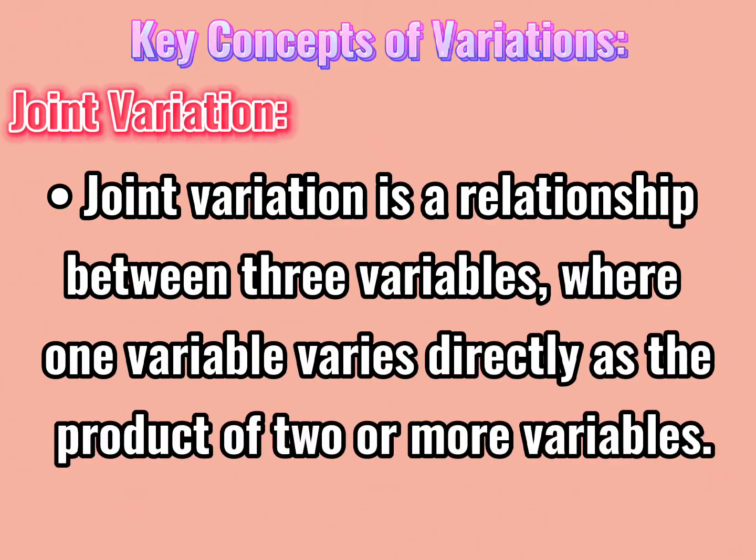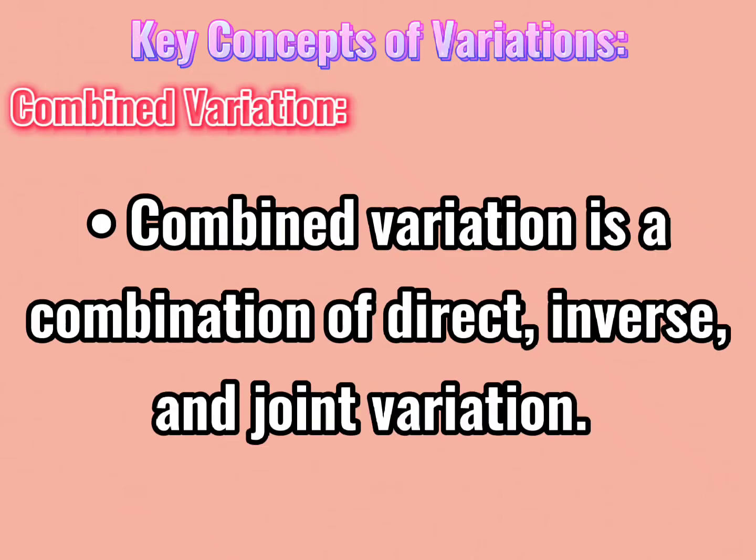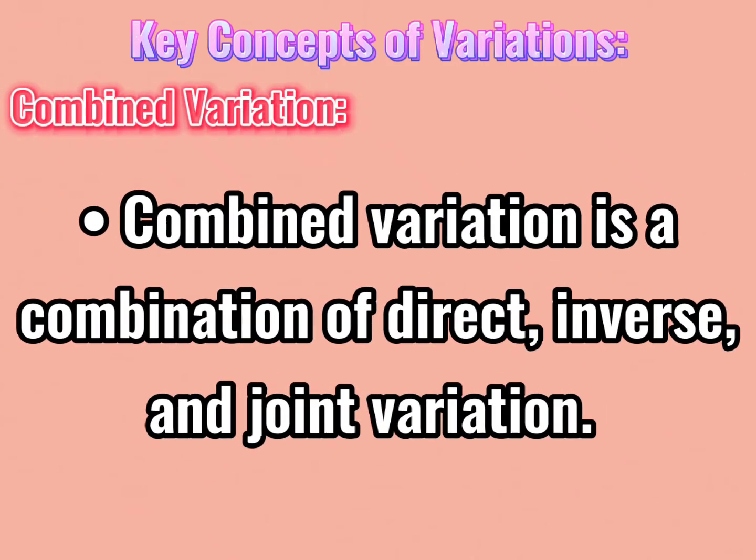Joint variation. Joint variation is a relationship between three variables where one variable varies directly as the product of two or more variables. Combined variation. Combined variation is a combination of direct, inverse, and joint variation.